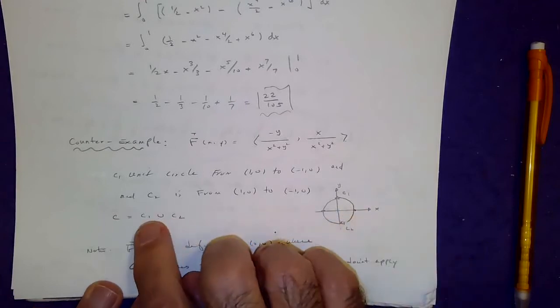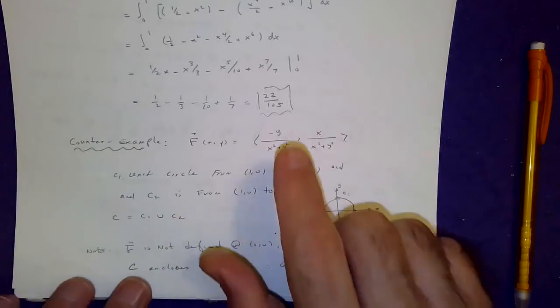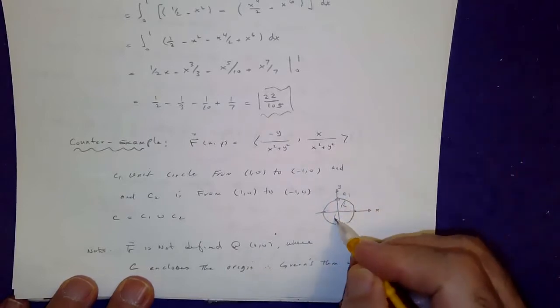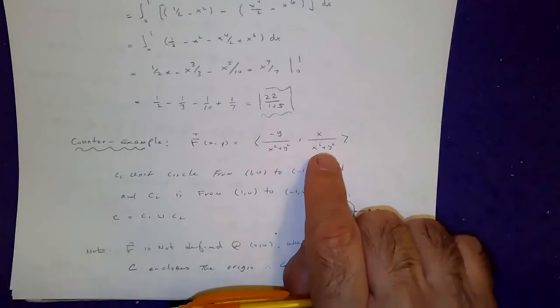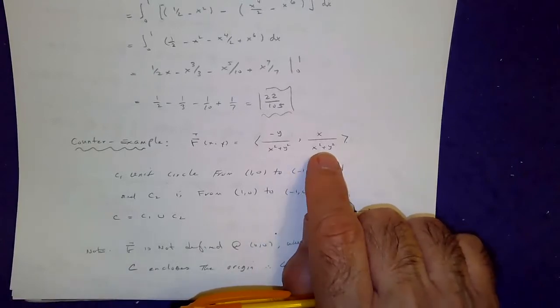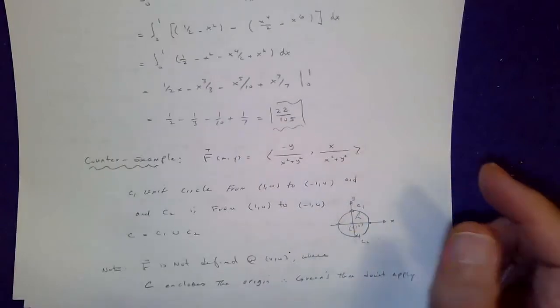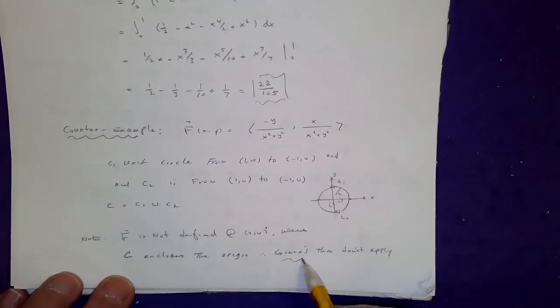So in other words, C is the union of two C's. The problem is, the region R contains (0, 0), at which your vector field is undefined. Do you see it? If you replace x's and y's in the denominator with 0, these fractions blow up. So the moral of the story is that Green's theorem doesn't apply.